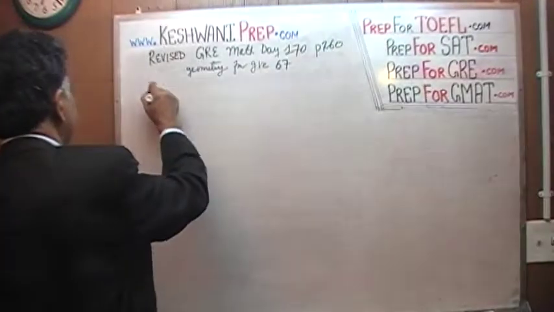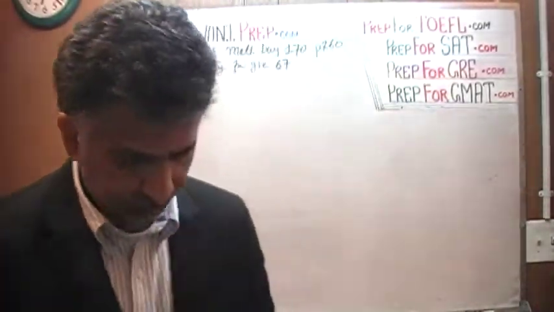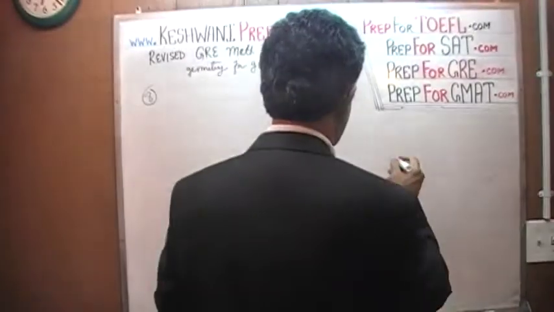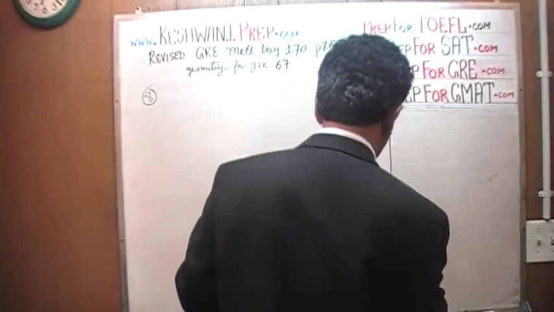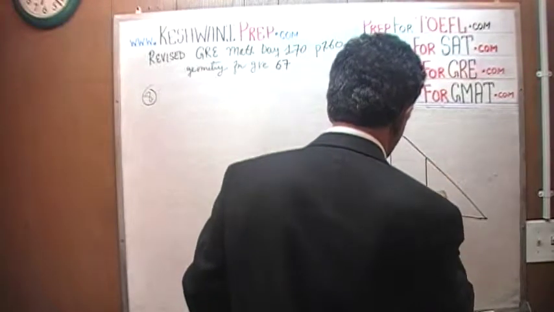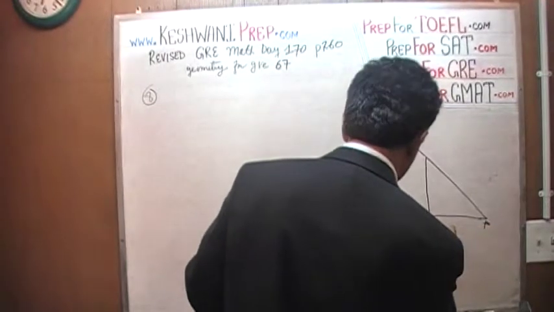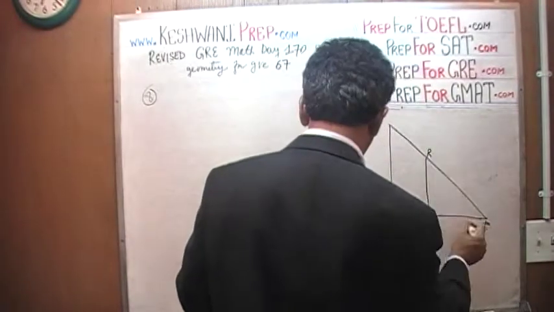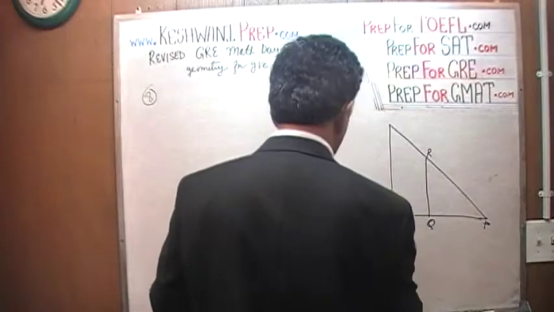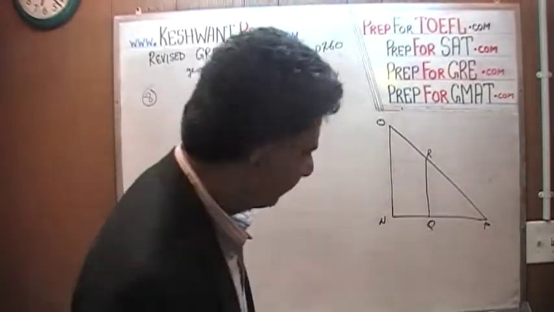Problem number 8. Here's what's going on. We have a small triangle here, which is called P, Q, and R, and then we have a large triangle which is N, O, P. And we know that this side is 24.